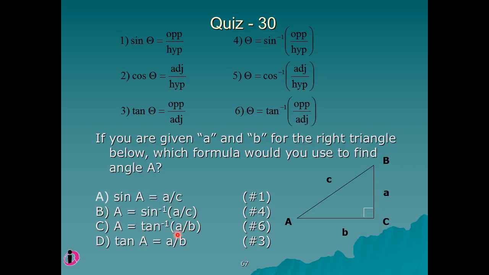That's all you need to know. Once you know small a and small b, you will know the ratio, and you can apply it on the calculator with the inverse tangent function. The inverse tangent function will return what? The angle, right? In degrees. So you'll know the answer.